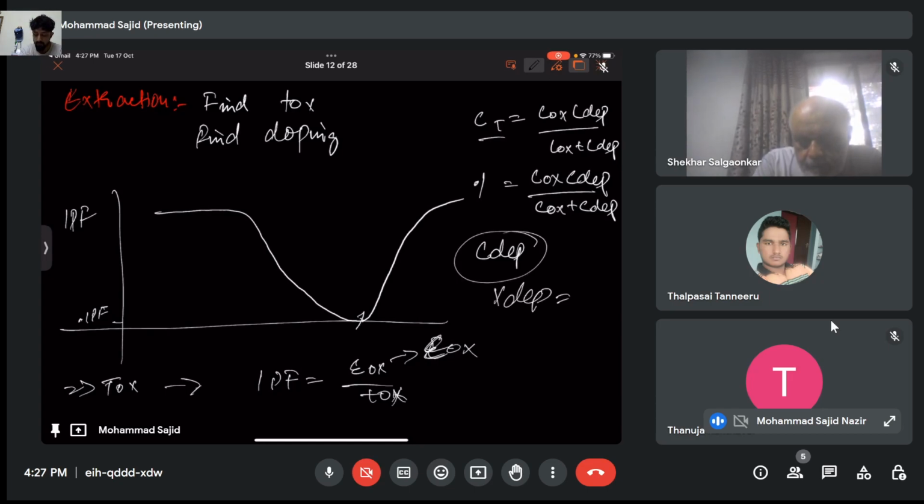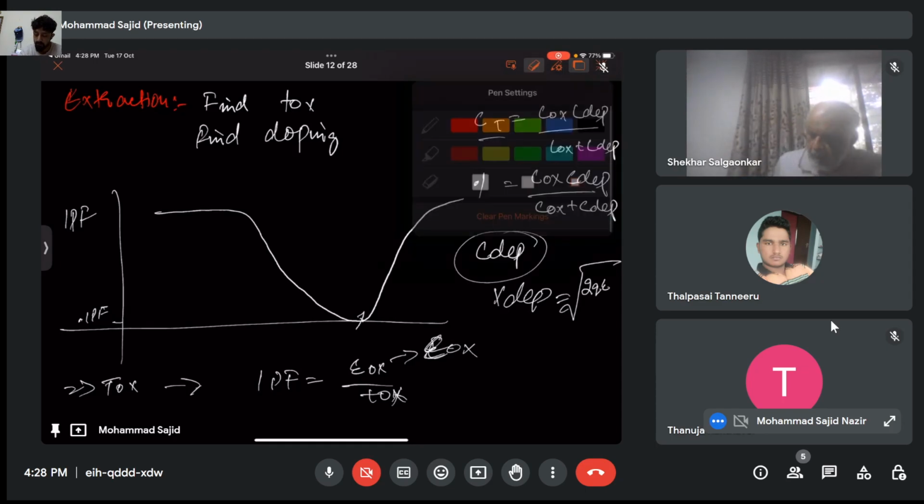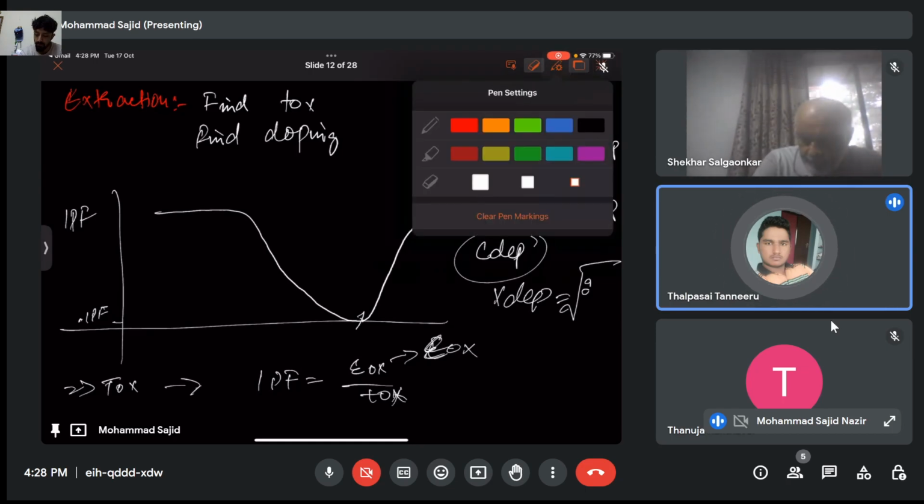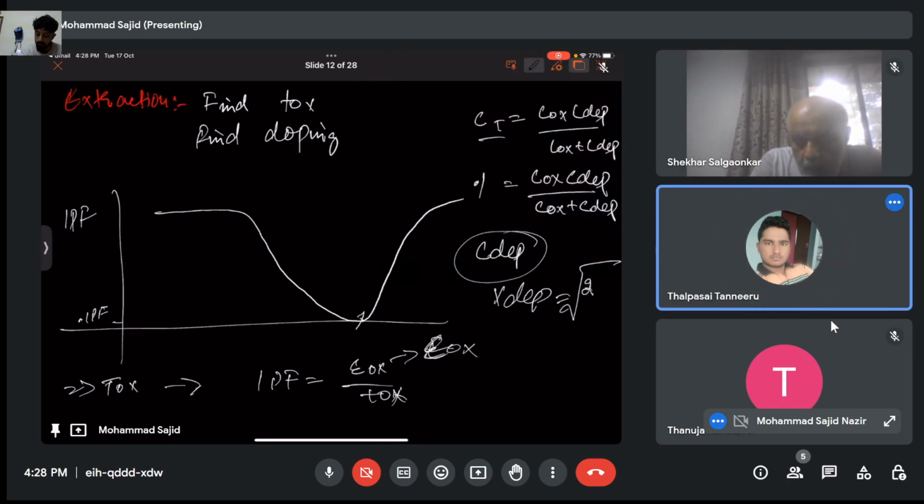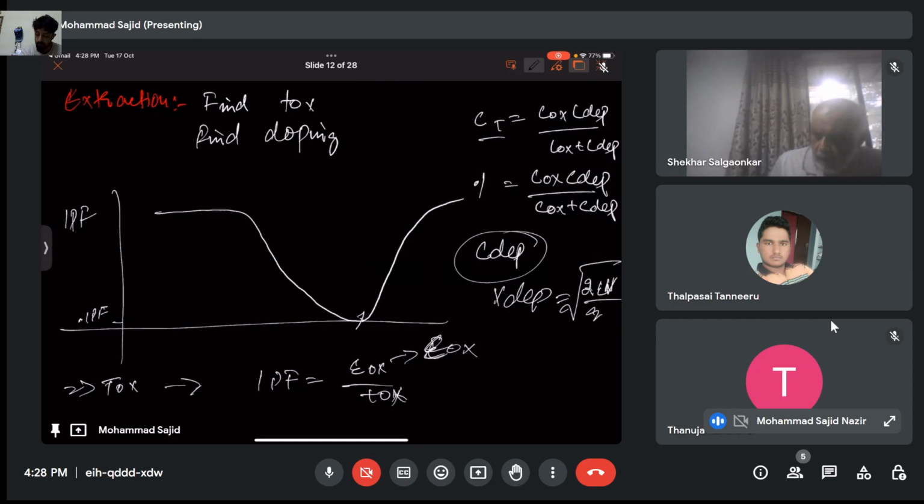The depletion width formula is, as far as I remember, 2 epsilon by Q, 1 by NA plus 1 by ND, into the potential. 2 epsilon n doping by qn. Sorry, not q, it's potential by qn, right? This is, I think, the formula for the depth.